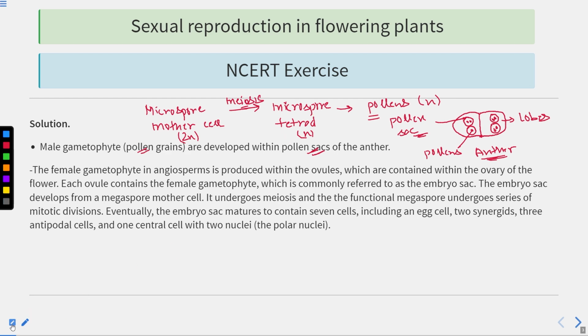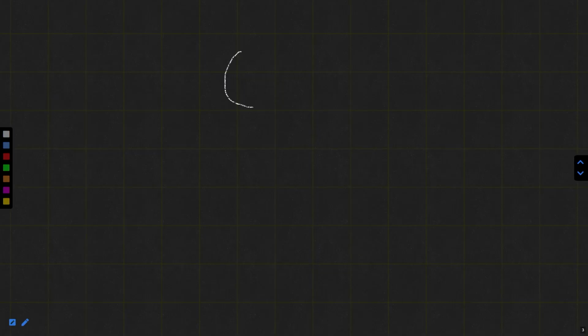Clear? So if this is the microspore tetrad, it consists of 3 cells here. 3 cells will be visible, although 4 cells are present. So we are talking about the tetrahedral arrangement of the microspore in the tetrad. So there will be 3 cells that will be visible here.